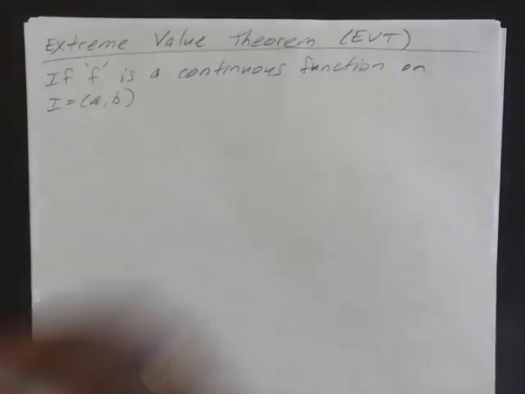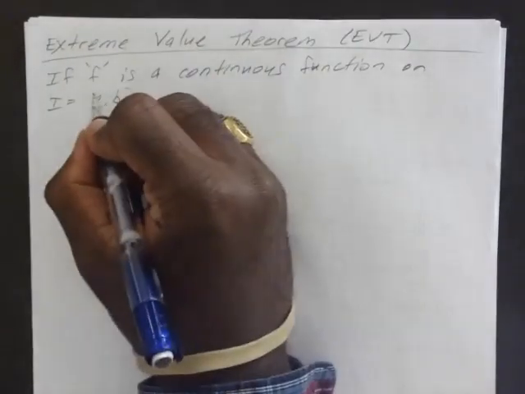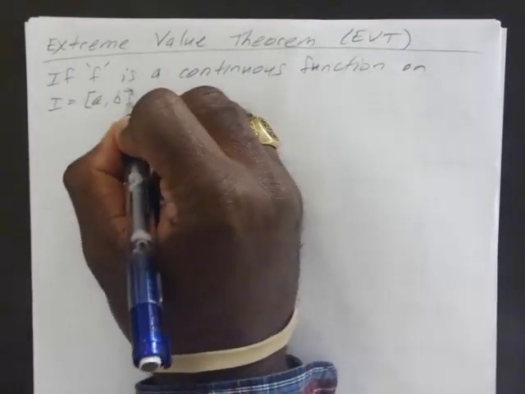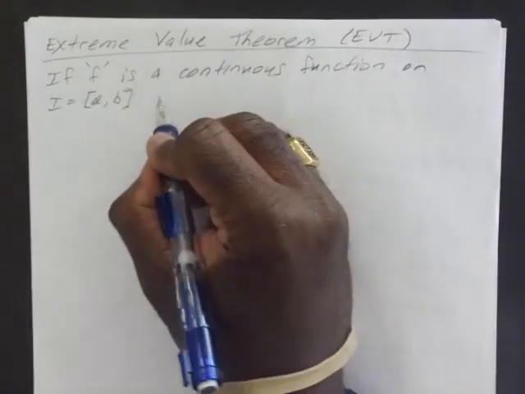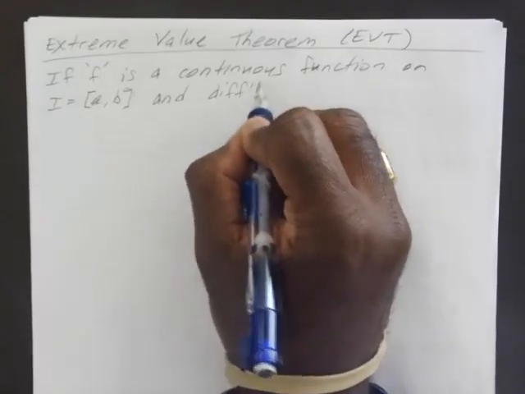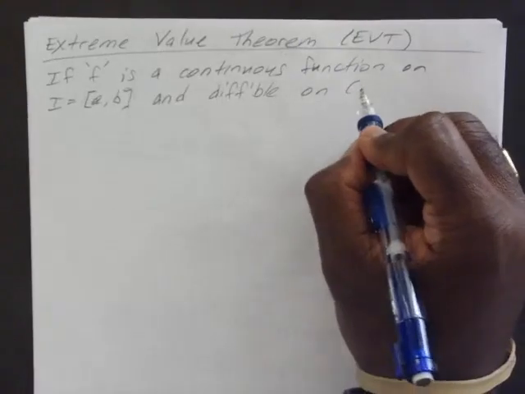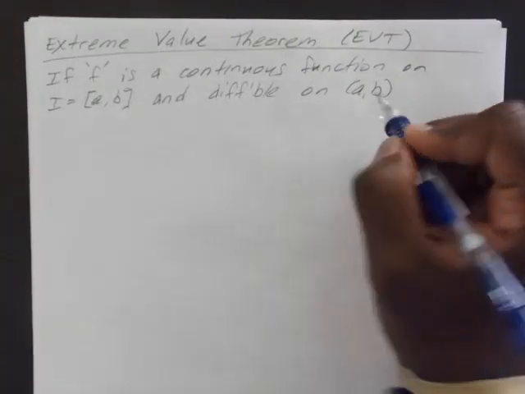Oh, actually, this should be closed because it does include the endpoints. And differentiable on that same interval, but it doesn't have to include the endpoints.